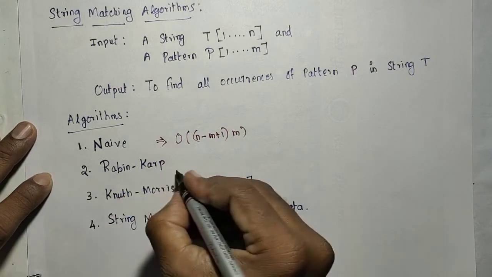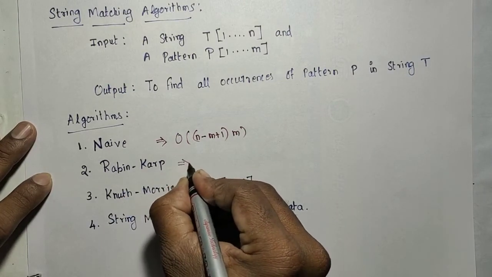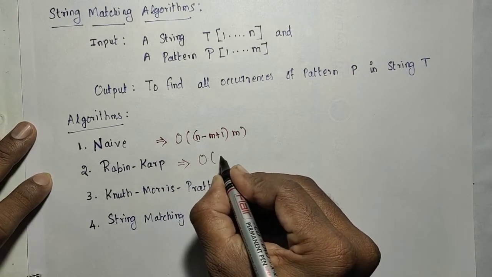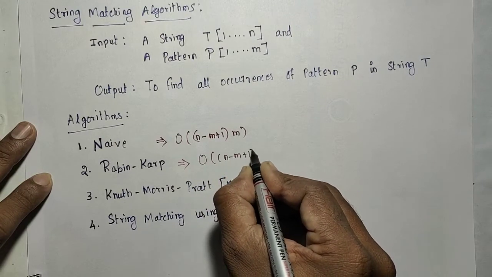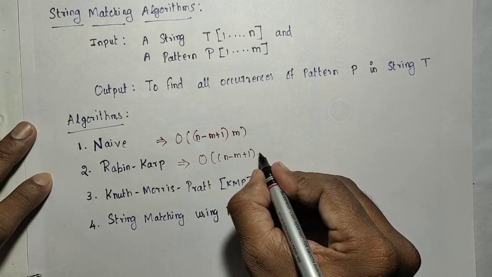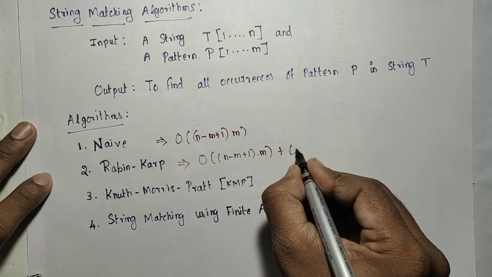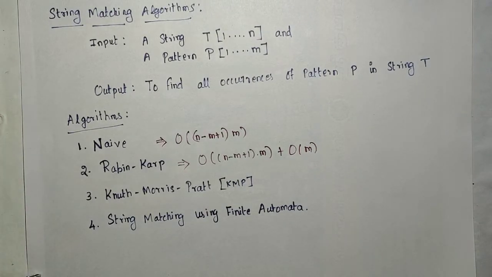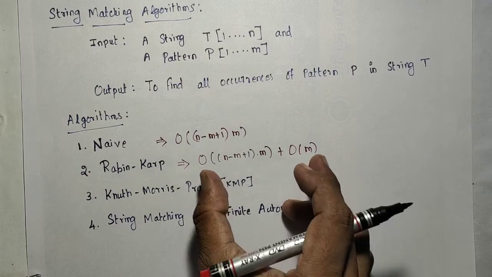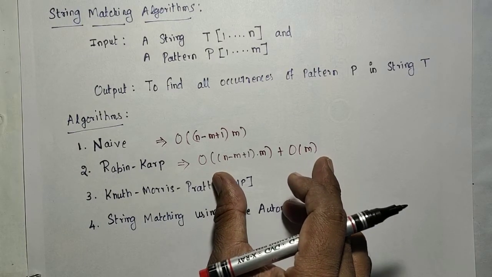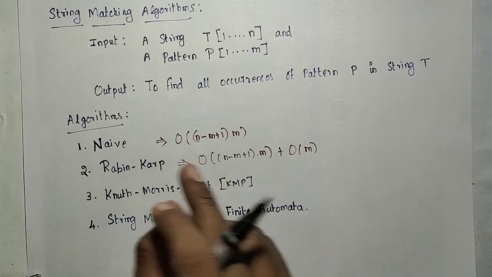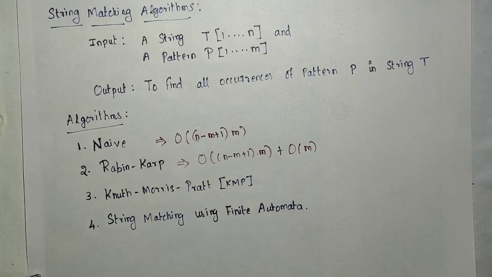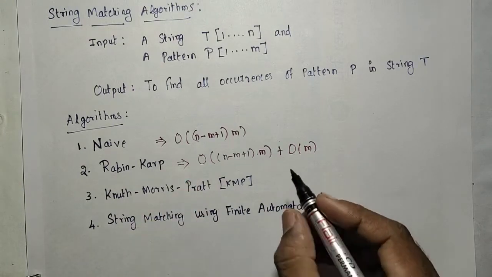Rabin-Karp algorithm. The complexity of this algorithm is O of (n minus m plus 1) into m, plus O of m. This is the worst case complexity for the Rabin-Karp algorithm. But in the average case, the time complexity is somewhat reduced, because compared to the naive string matching algorithm, here we are avoiding some number of comparisons. But for that we need some pre-processing.